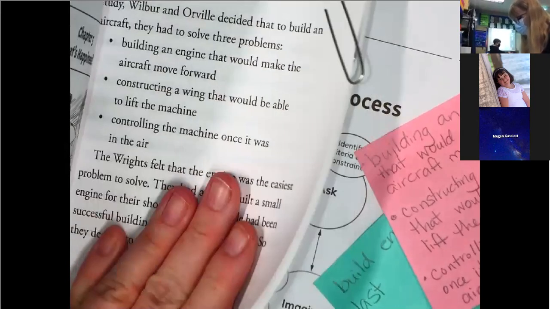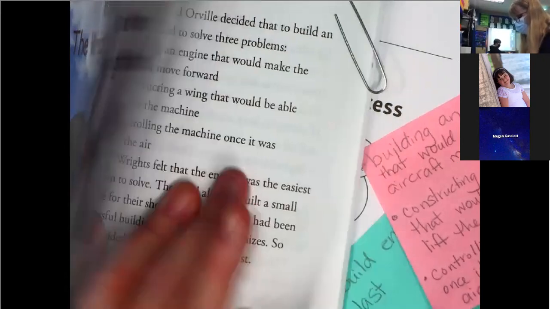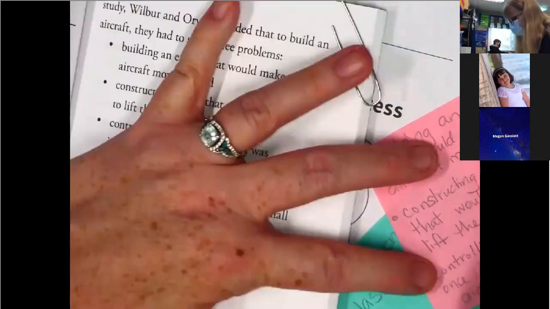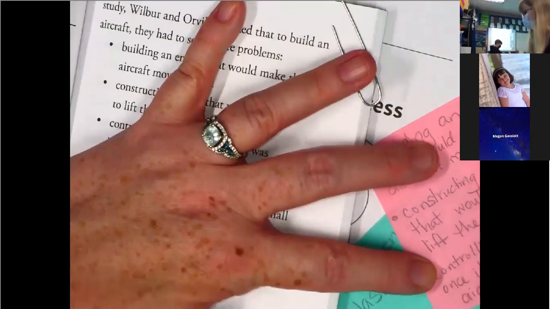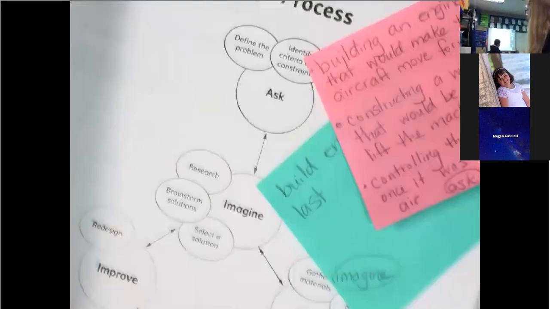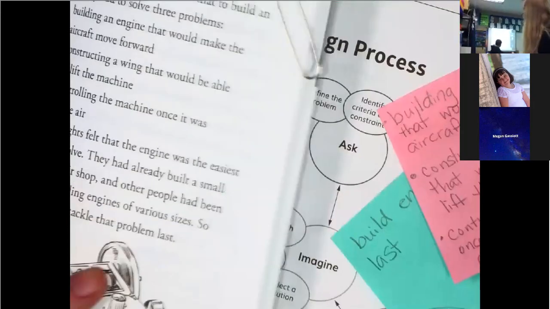So on mine, I'm going to write imagine on this post-it note, and on this top one, I'm going to write ask. That way I can let my reader know where I intend for it to go. Does that make sense? See how I wrote ask and imagine? Does that make sense, guys? Yes.